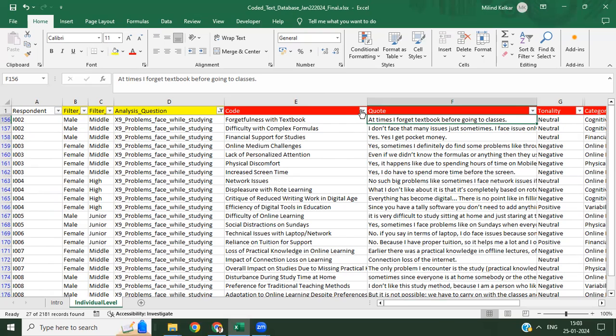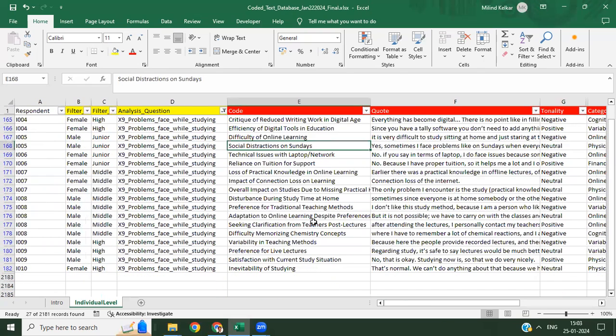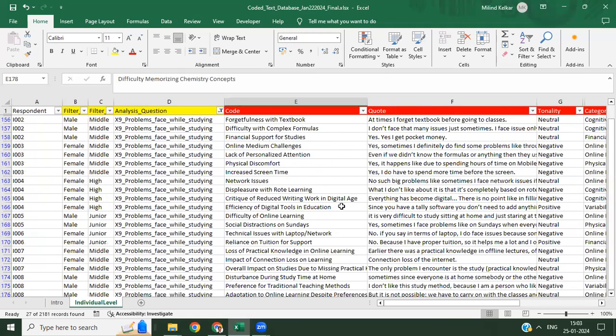And the codes that exist, for example, could be forgetfulness with textbook, lack of personalized attention, social distractions, difficulty memorizing. So there are various codes associated with it.